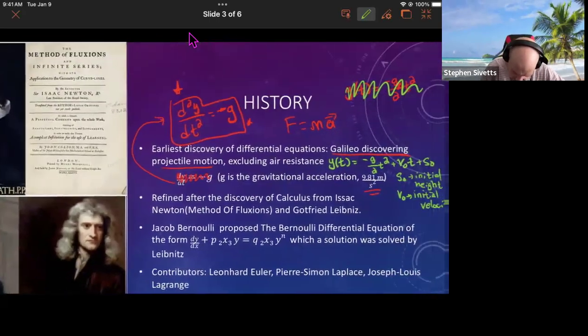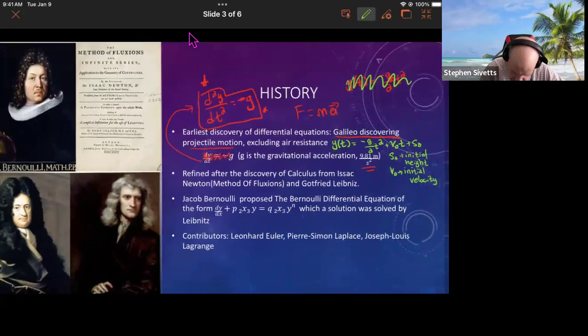So that is what is called the particular solution for describing projectile motion.